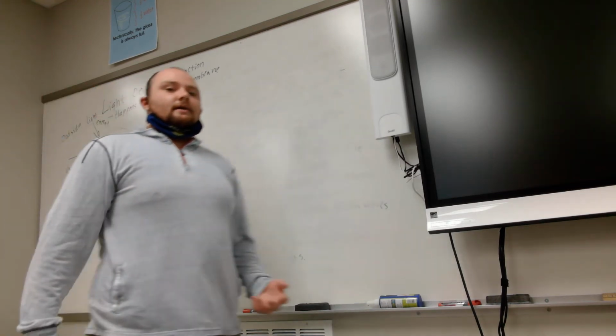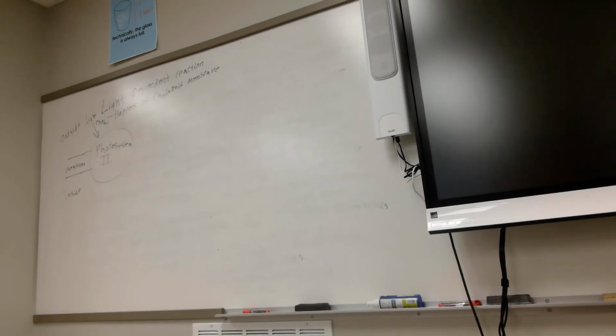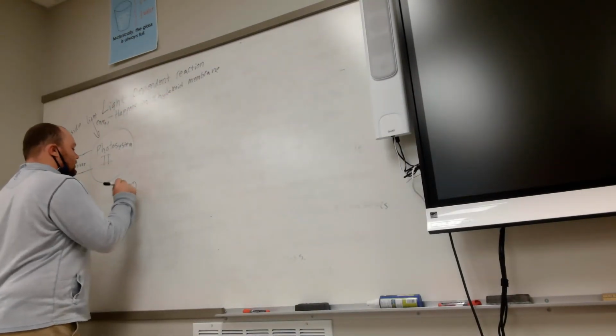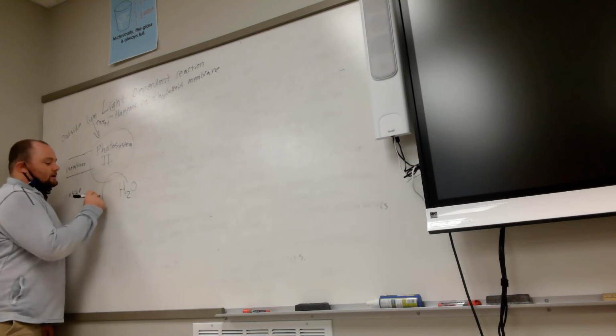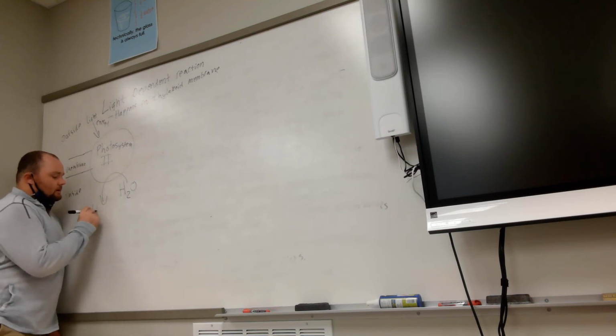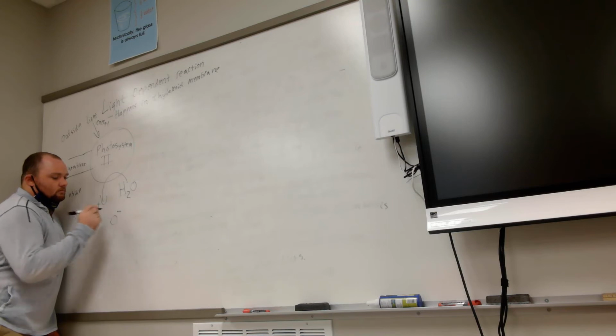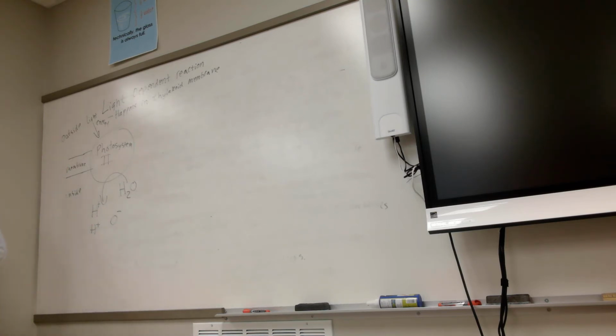All right, so we've got our light energy. And the next thing that it's going to do is break apart water. So you'll have H2O. It's going to go into here, and it's going to become H plus, H plus, and then O minus. Okay, it's going to break it all the way apart. Everybody good there? So we've got a bunch of hydrogen ions and some oxygen ions.